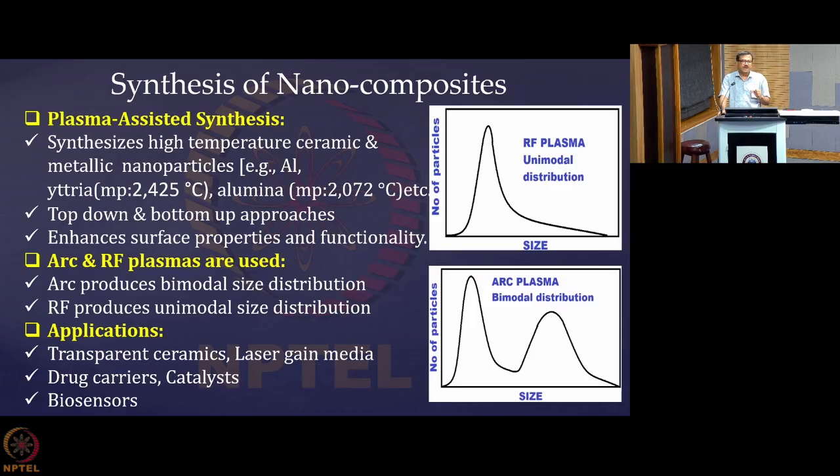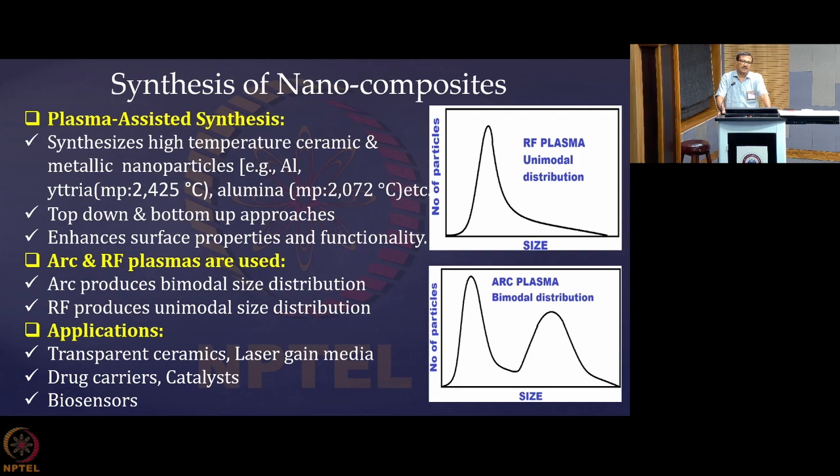Why? This is because this plasma is a system which can offer you temperatures in excess of 10,000 degrees Kelvin in such an effortless manner. That is the key advantage of this plasma system, that it can produce very high temperature effortlessly, like the thermal plasma systems.